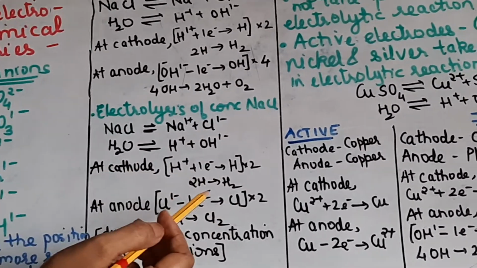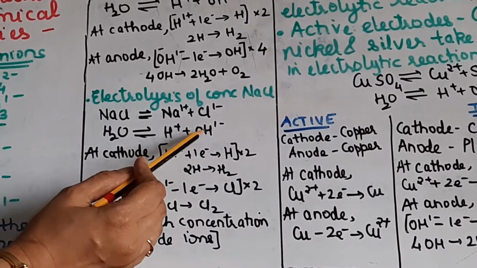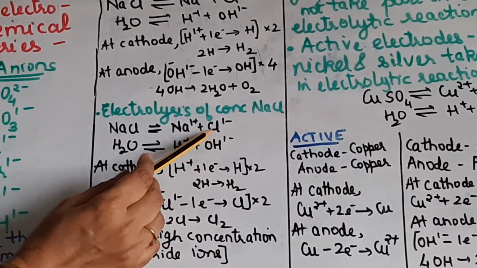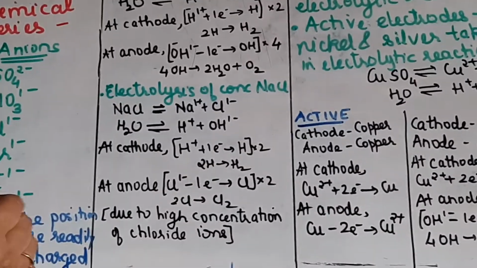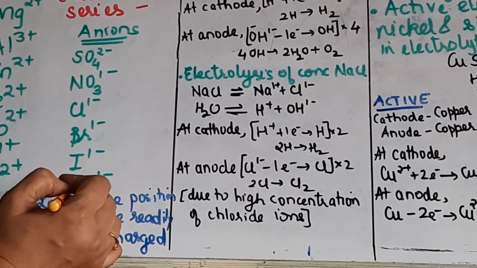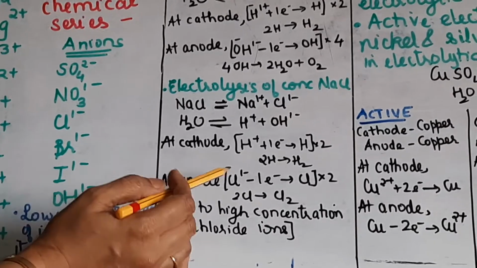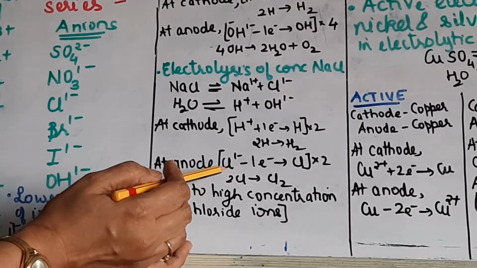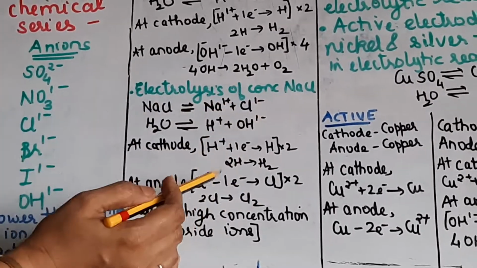Now at the anode, chloride ions and hydroxyl ions are both negatively charged. So where will they migrate? Very good, anions go to the anode. Now between Cl minus and OH minus, as per our earlier factor, it should be the hydroxyl ions which get discharged as the neutral atom. But if you see here, I have shown chlorine. The reason is the high concentration of sodium chloride.